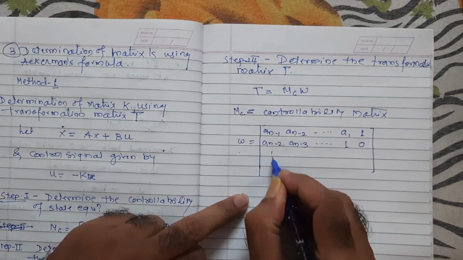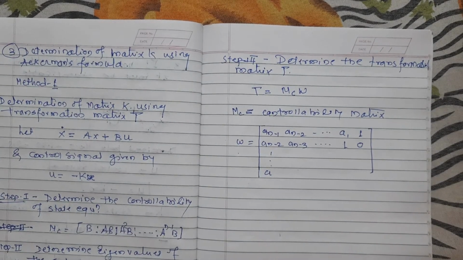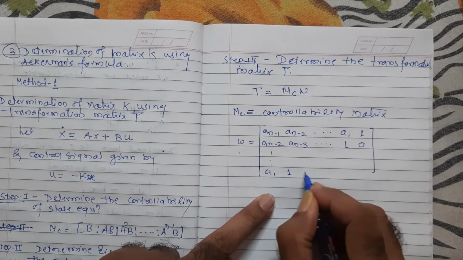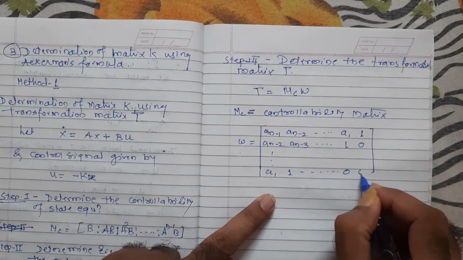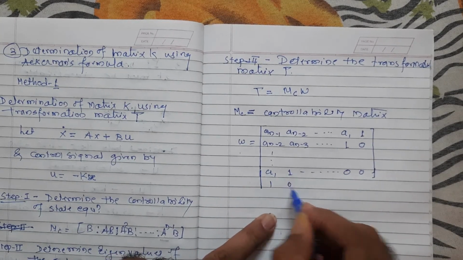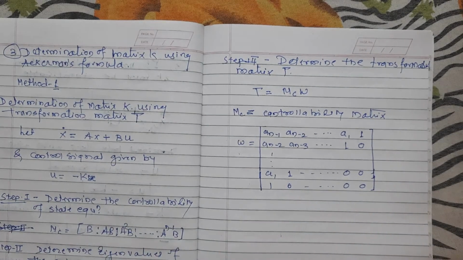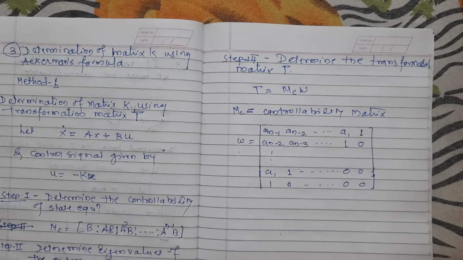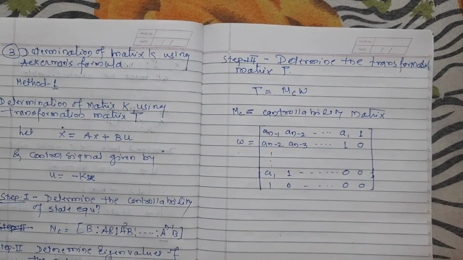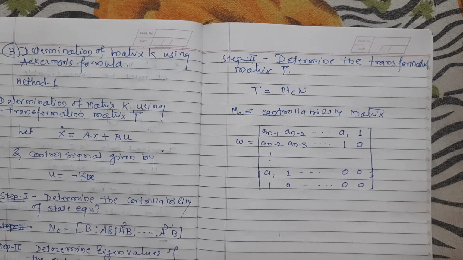Similarly, we come down: a1, then 1, 0, 0, and then 1 and 0, and all are 0. This is my W. We will start it from a n minus 1. a n minus 1 we will get from sI minus A. From these equations we will get the values of a n minus 1.